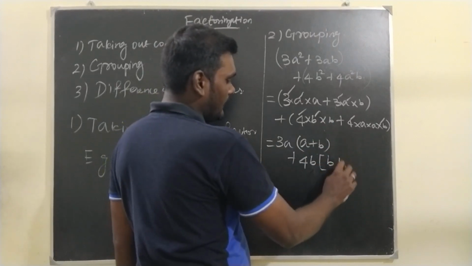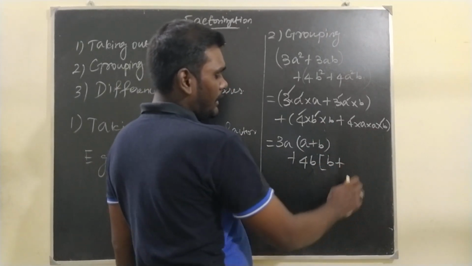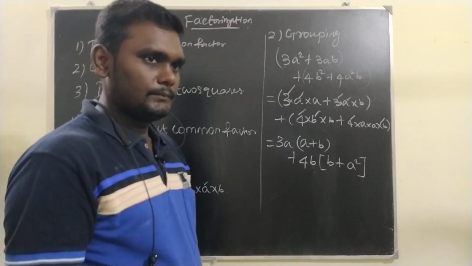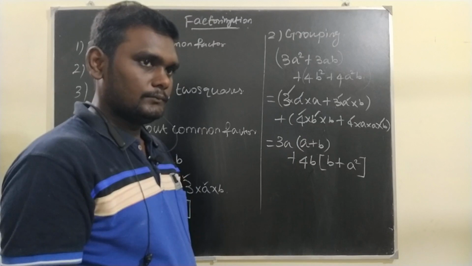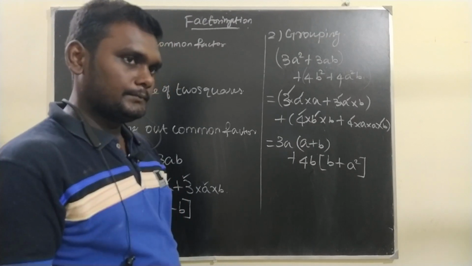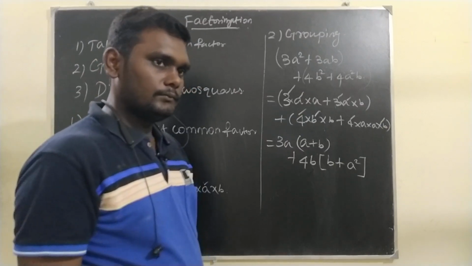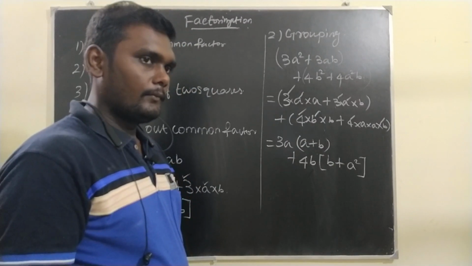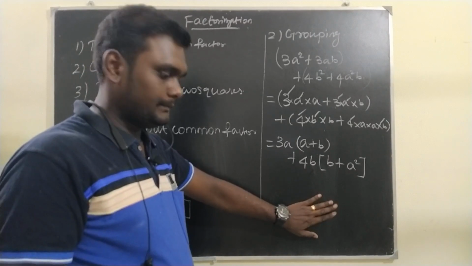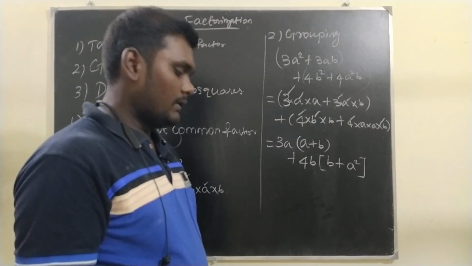Only b is there, plus a into a, which is a square. You got it? Understood, right? We'll see one more example.